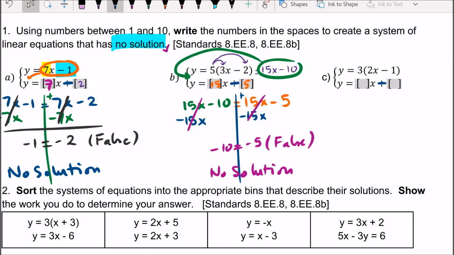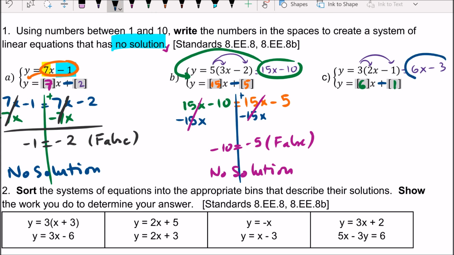Okay, part C, we're going to distribute 3 into the parentheses. That will give you 6x minus 3. Down here, to cancel the x, you choose 6 for the first box and any number but not 3 for the second box. I will put 1.